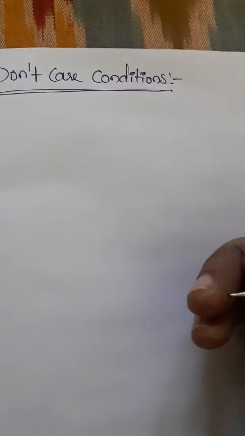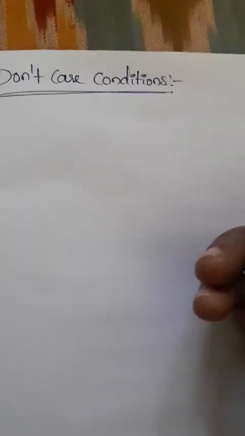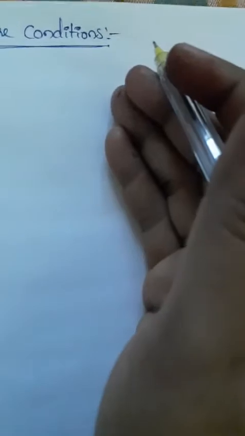Compulsorily we need to follow the SOP form or POS form rules for simplifying K-map, right? So don't care condition is a very important topic actually, in this K-map for simplifying the output expression.